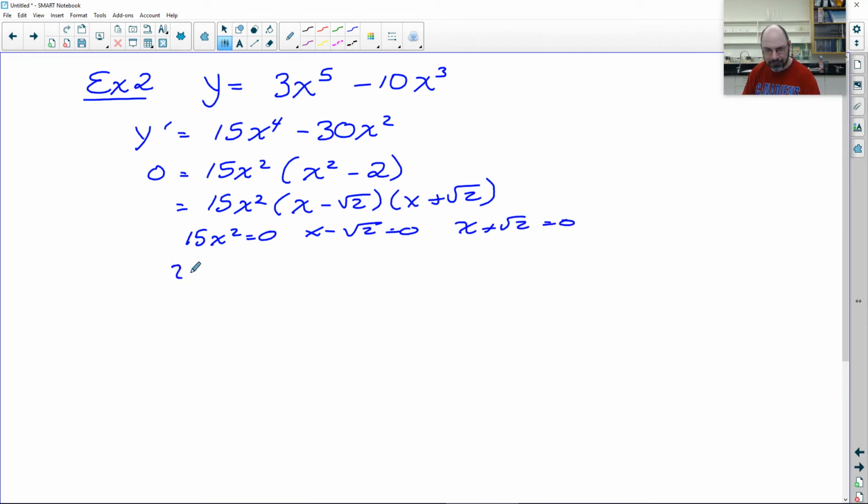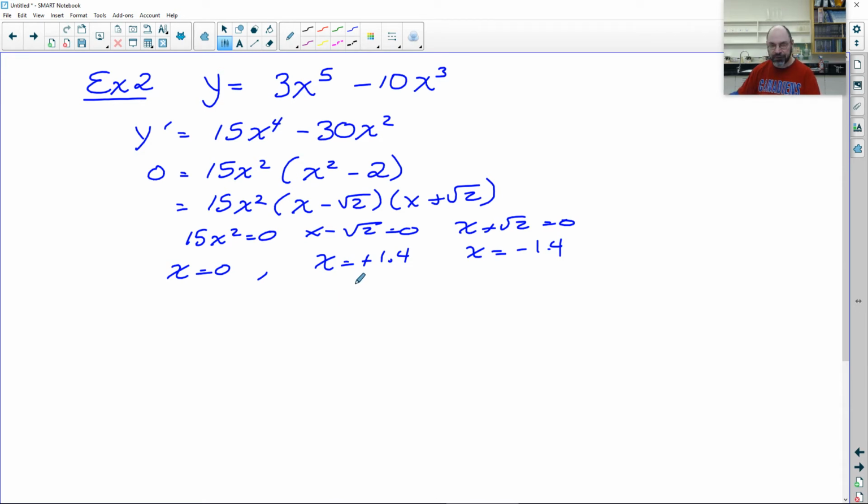So x can equal 0, not 1. x can equal positive 1.4, and x can equal negative 1.4. We'll just use one decimal for our curve sketch.